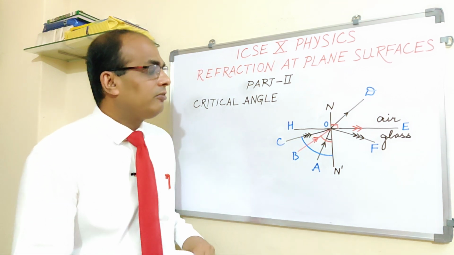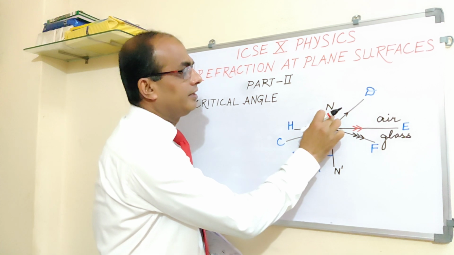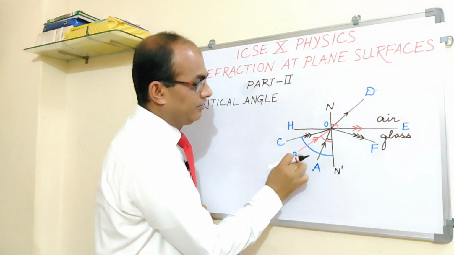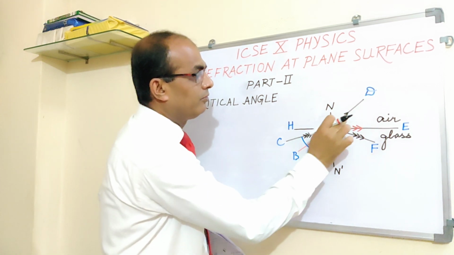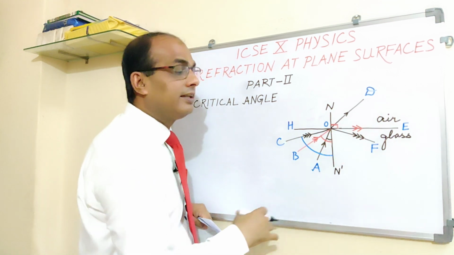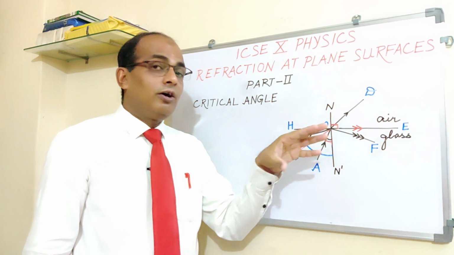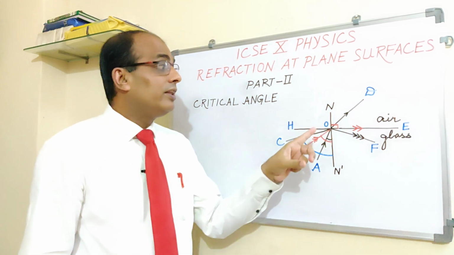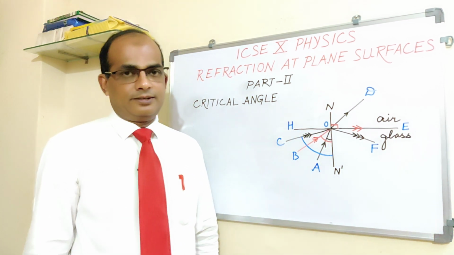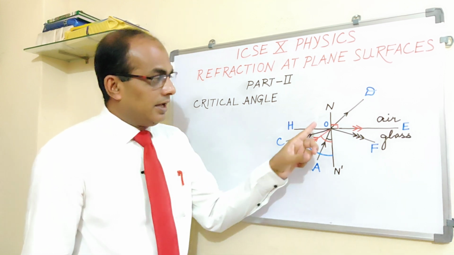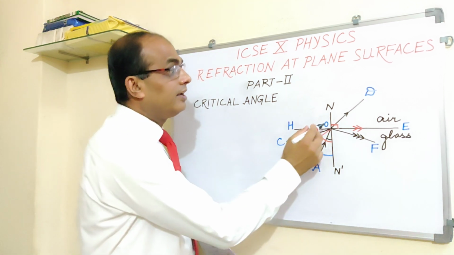Gradually the angle of refraction is increasing. Suppose this is 30, for the second ray it may be 35, for the next ray it may be 40, and so on. Now we consider the situation when the angle of refraction is 90 degree. Why is this the angle of refraction?